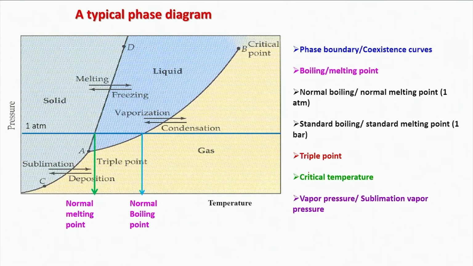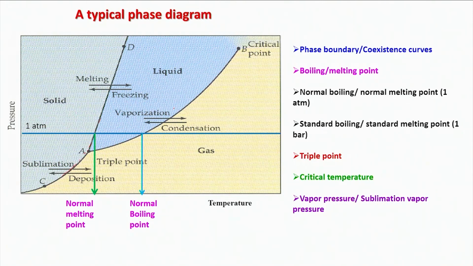First of all, I have a phase boundary or coexistence curve. These are the solid lines that I have been talking about, which separate the single phase regions of the substance, and a point on this curve implies coexistence of two different phases of the substance at a given value of temperature and pressure.